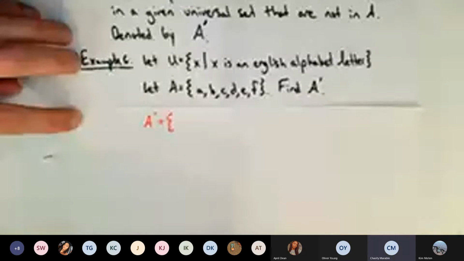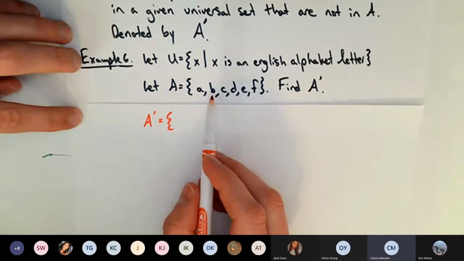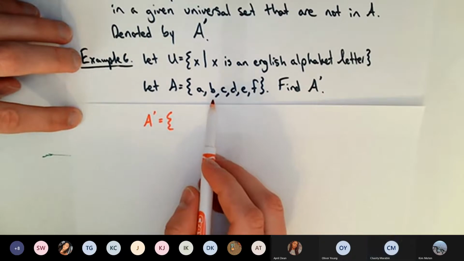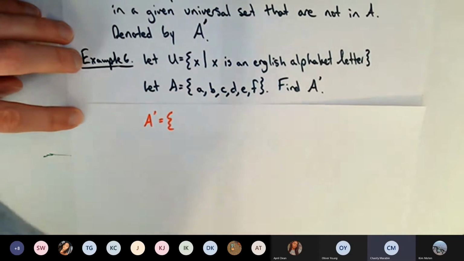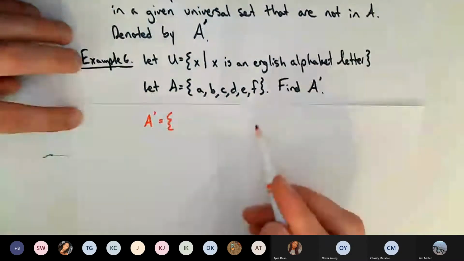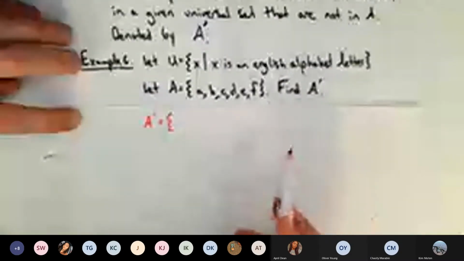So it would not be A, right? B, maybe? But B is in the set A here. All the way up to F, right? So what's the first letter that's not in A?